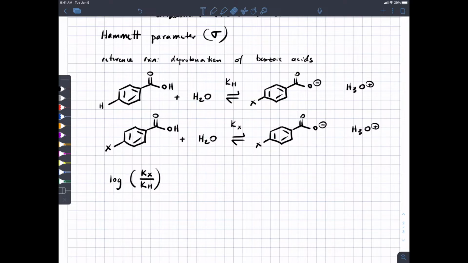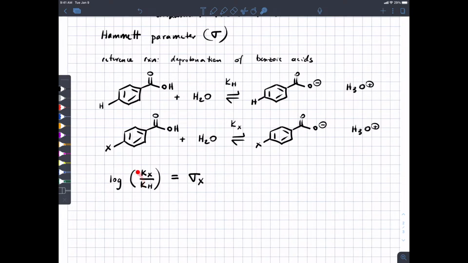All right, so let's make some predictions based on what you know. For any given substituent, this ratio between the equilibrium constants and then taking the log is the Hammett parameter sigma of that particular substituent.